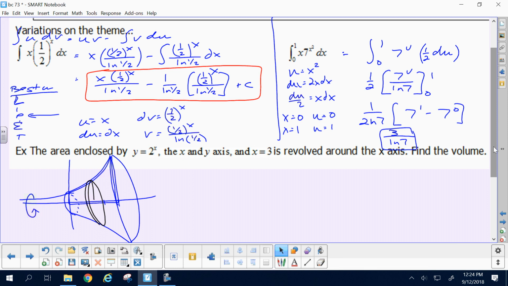Maybe you'll understand what I'm talking about in a second. Get your integral set up first. I have my integral set up. Okay, so let's do this.